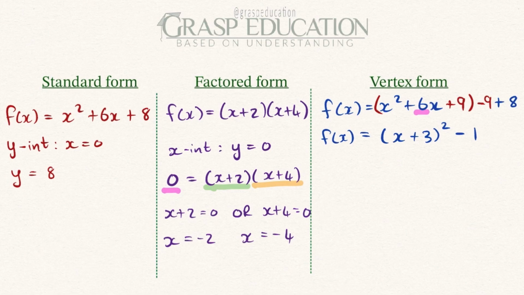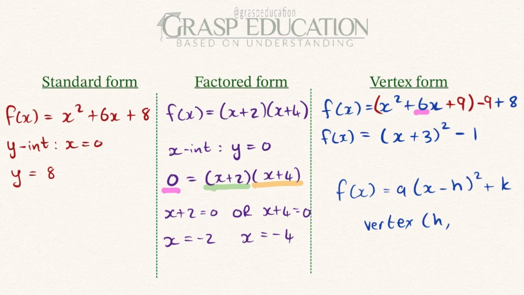And finally, in vertex form, I am told that the vertex form is a times x minus h squared plus k, where the vertex is h and k. So from this form, I can tell you what the vertex is. 3 is in place of minus h.